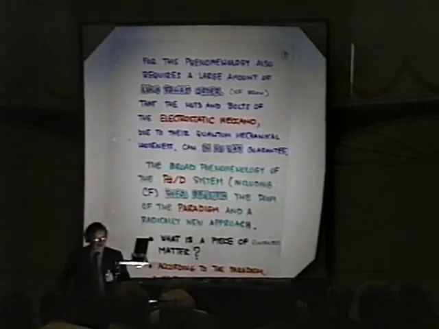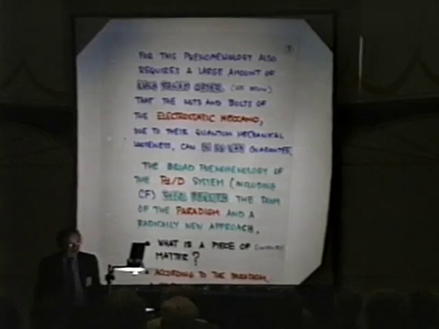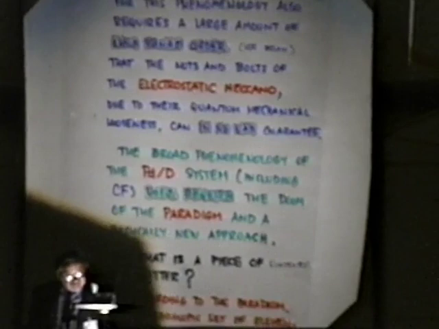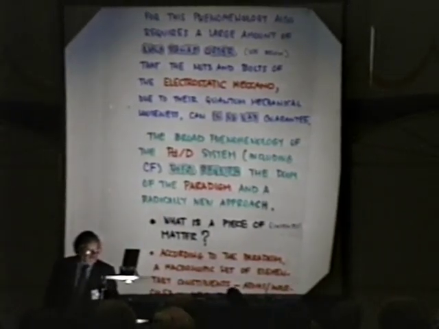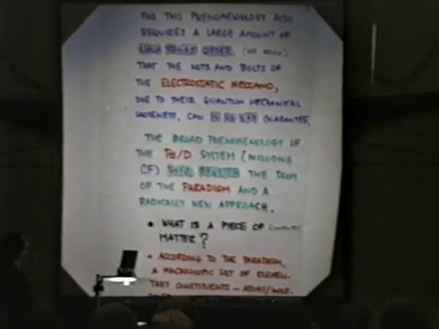Because it is very clear, and this has been shown in a paper which Martin, Stan, and I have published in Nuovo Cimento, that the phenomenology, which is now established, and I take it as established because it is, requires a large amount of long-range order that the nuts and bolts of the electrostatic mechanism can in no way guarantee.